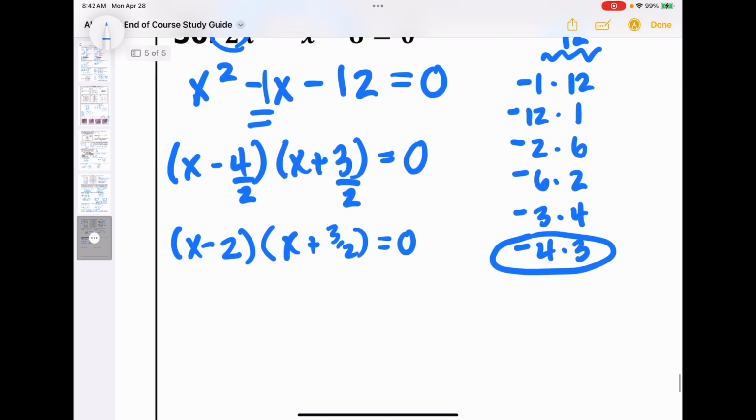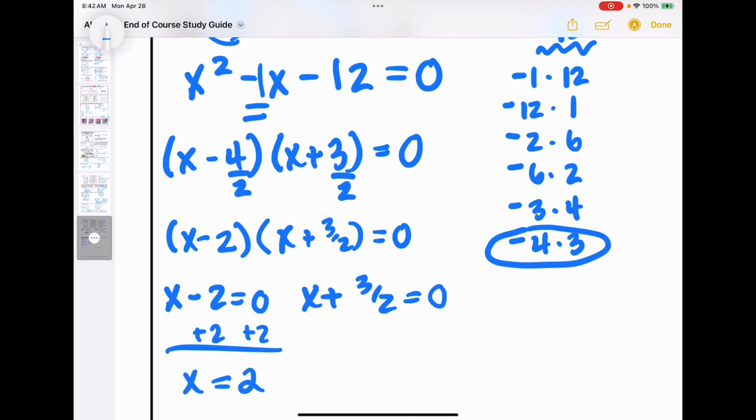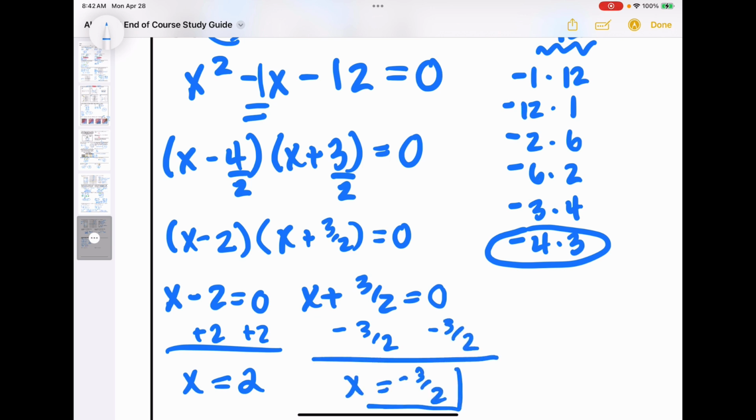So now that that's all done, we're going to break it apart into 2 separate equations and solve for x. And that would be our 2 solutions.